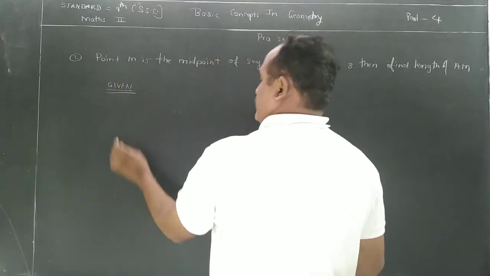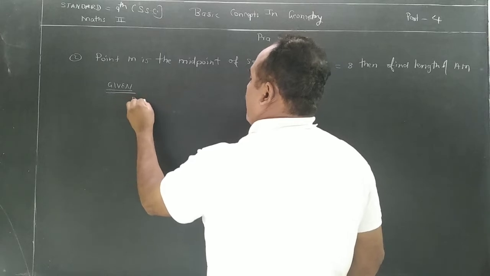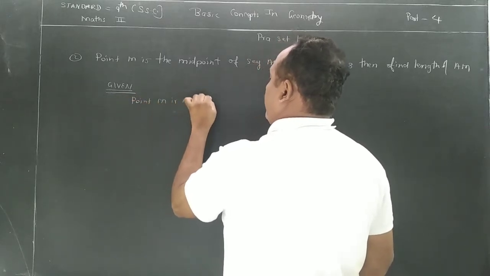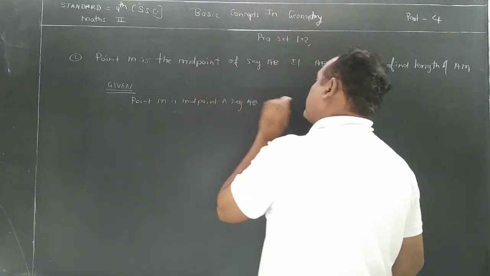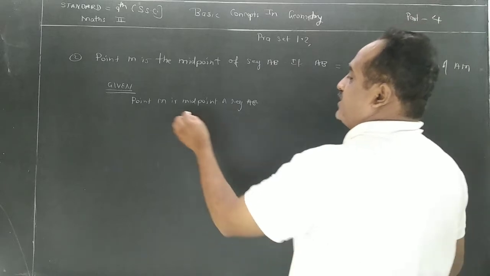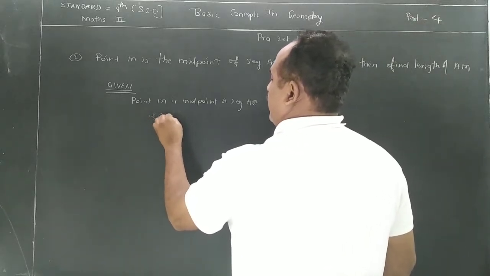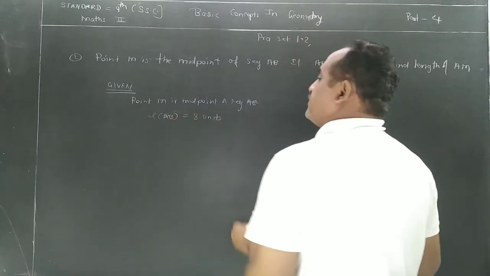What is given to you? First they have given point M is midpoint of segment AB. They have given length AB is equal to 8 units.